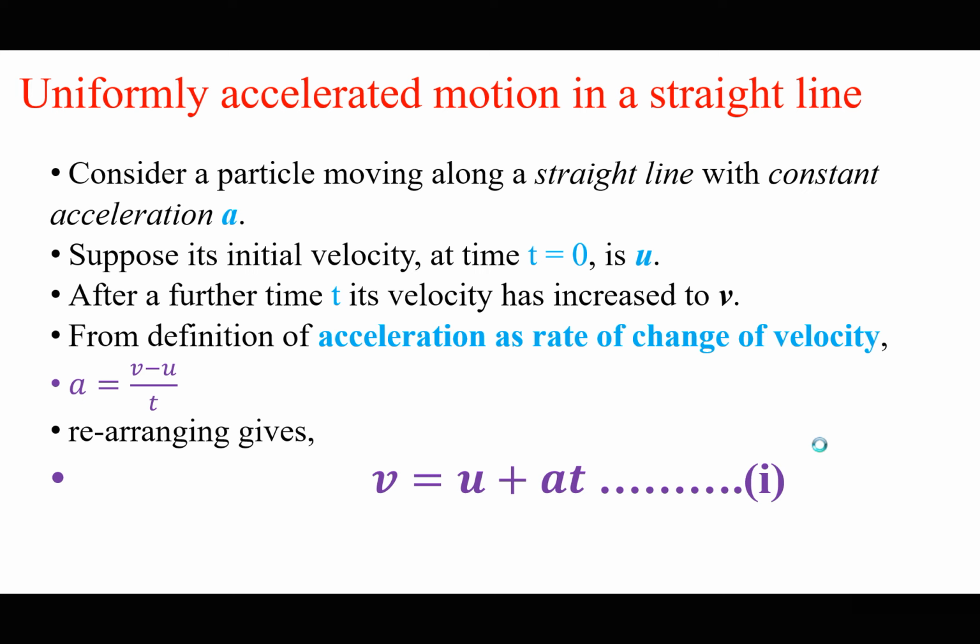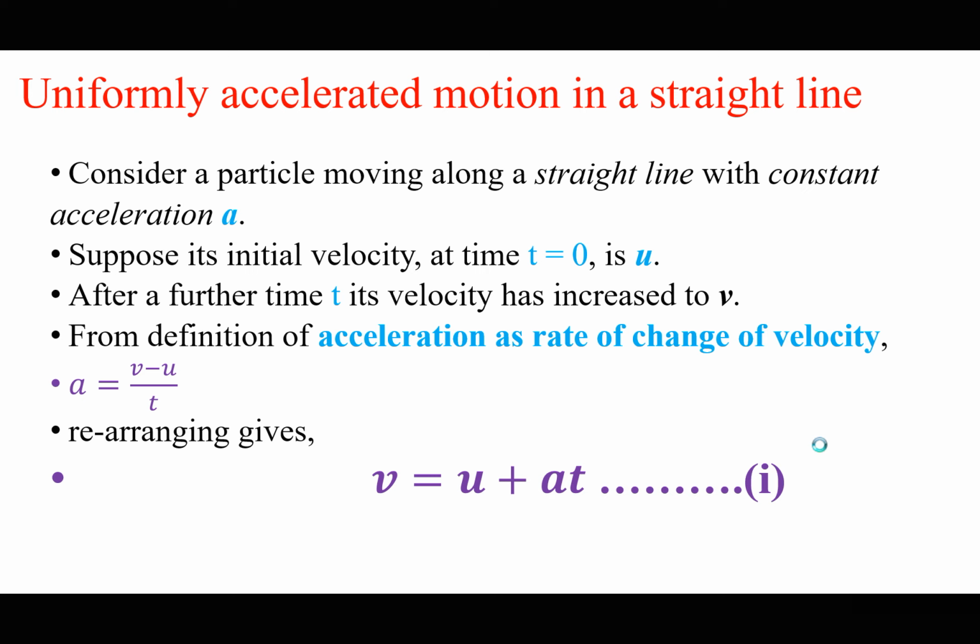Now, this equation will only be used to describe motion if the body is moving in a straight line, and number 2, if the acceleration is constant. So, like I said, we are going to use the definitions of velocity, displacement, and acceleration to derive the equations of motion.